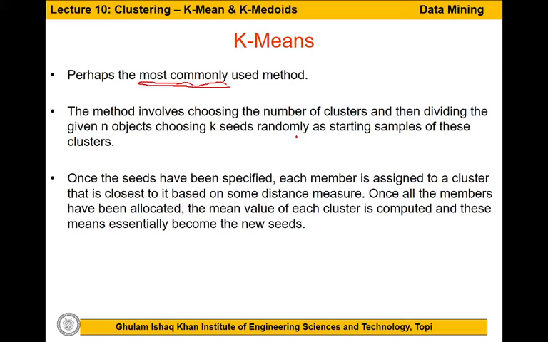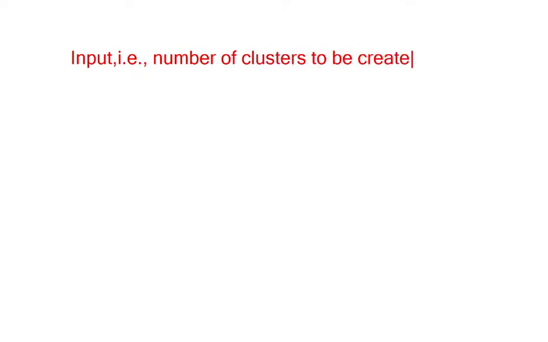So what actually happens is that you need to give this algorithm an input, which is the number of clusters to be created. This is the input you are going to give to the algorithm, and this number of clusters to be created is represented by a variable k, right?